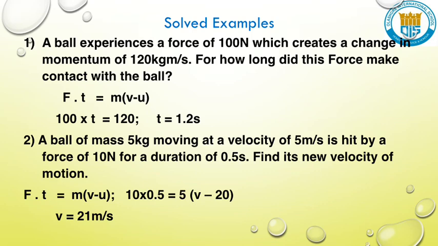So if we use the formula, Ft impulse equals change in momentum, mv minus mu, we'll find that our v here will be equal to 21 meters per second, because the question already gave us the force and the time. So that means we already have impulse. Impulse is force times time. Now impulse is equal to change in momentum. That means impulse is equal to m times v minus u. We have m, 5 kilograms, and we have u, 5 meters per second. Then we can find v, and v is 21 meters per second.